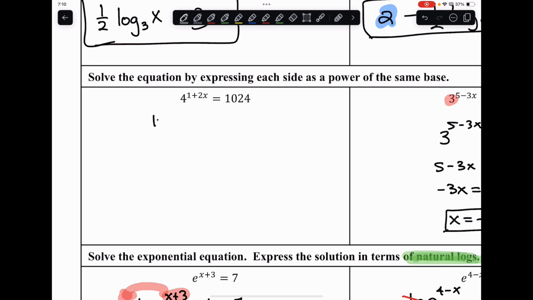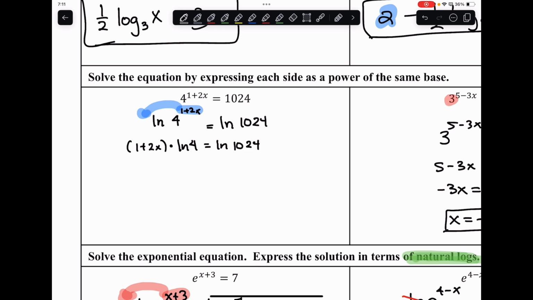If you take the natural log of the left side, take the natural log of the right side, you can pull this exponent to the front by the power property. And divide both sides by the ln of 4. In this situation, unlike the last two examples that we did, the ln of 4 doesn't reduce.